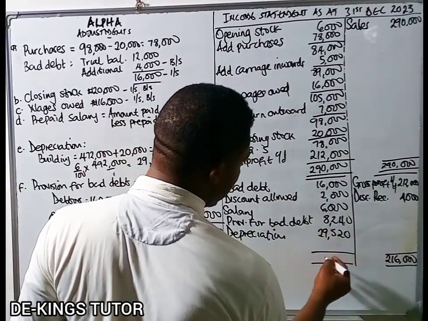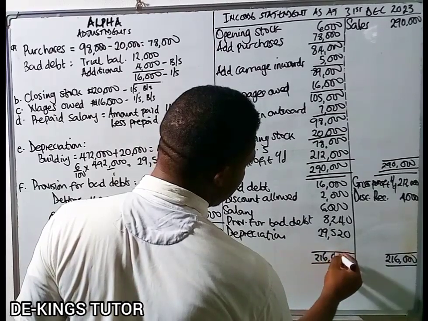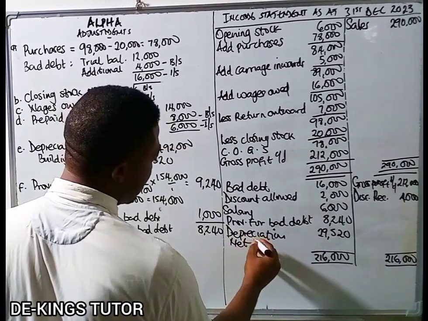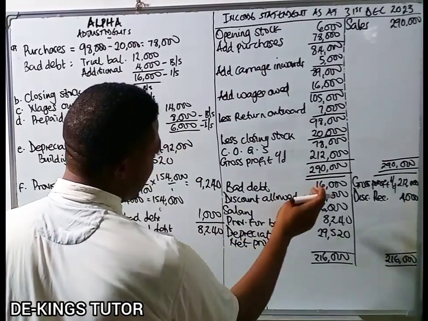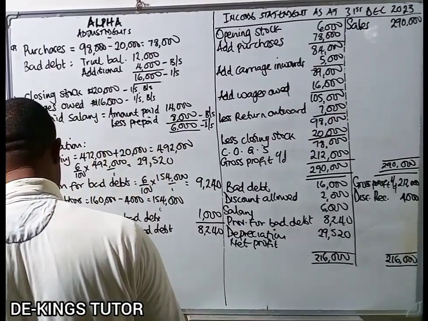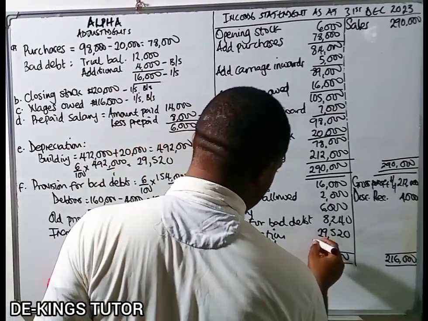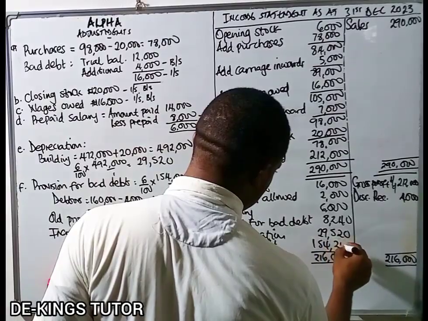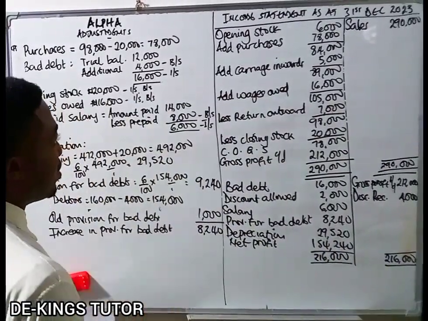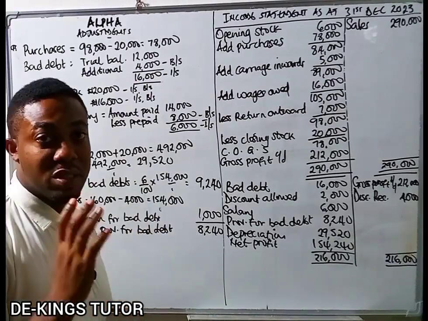So we deduct the expenses from 216,000. So we'll now have a net profit. From our calculator, it will give us 154,240. So that's the income statement.